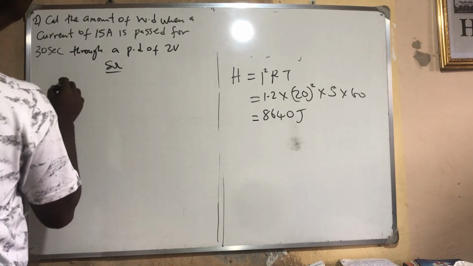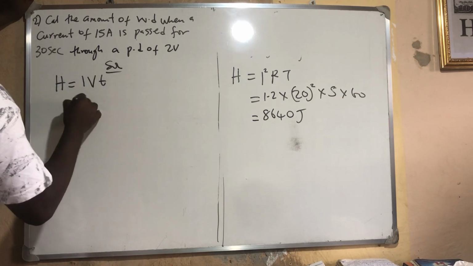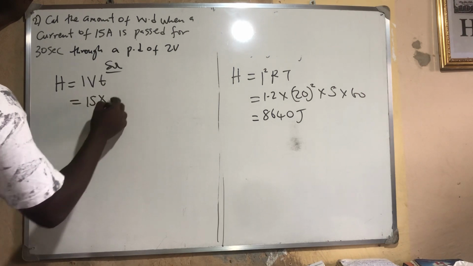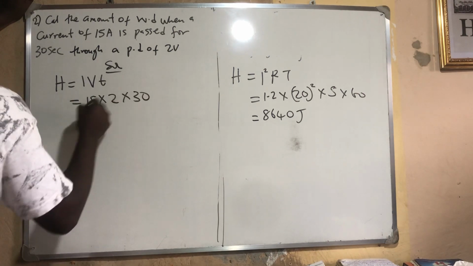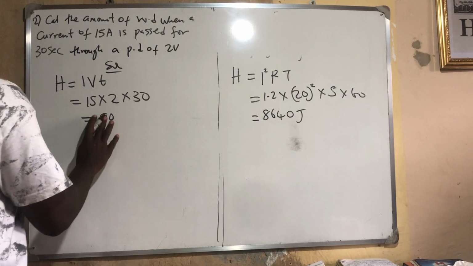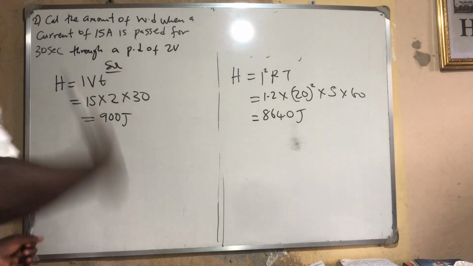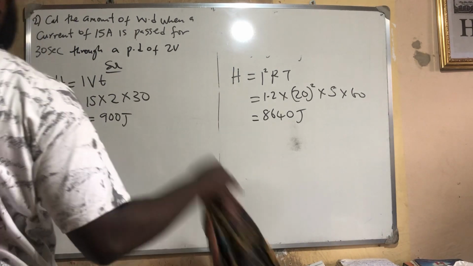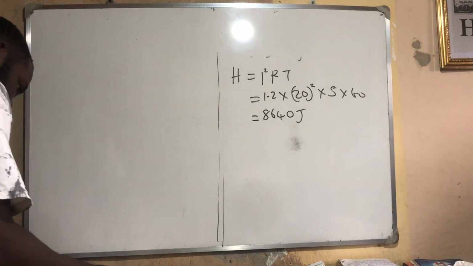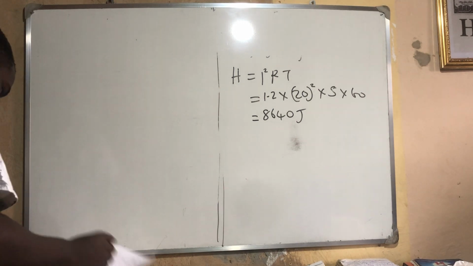We know that heat energy is equal to IVT, which is my I, 15, times my V, 2, times my 30. So if you do that, you have 900 joules. This is very simple. So that is that.